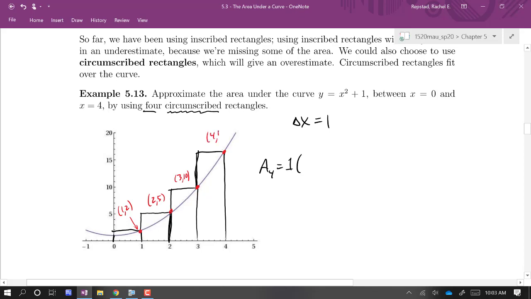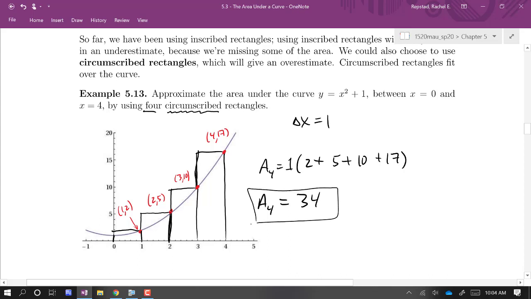This is 4, 17. So the sum of the heights is 2 plus 5 plus 10 plus 17, and this gives us 34. So what I know for sure is that the area is less than 34. That grabbed a bunch of extra area.